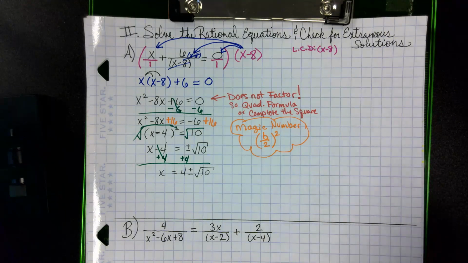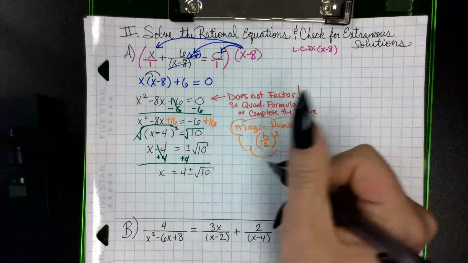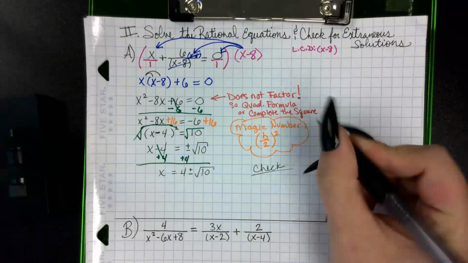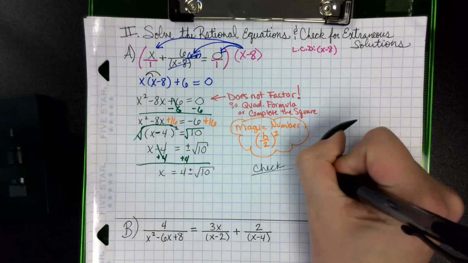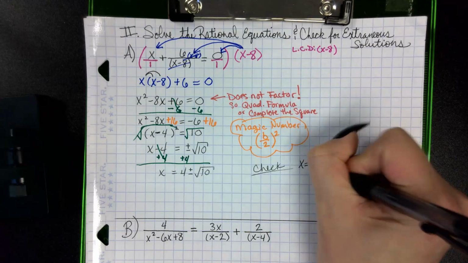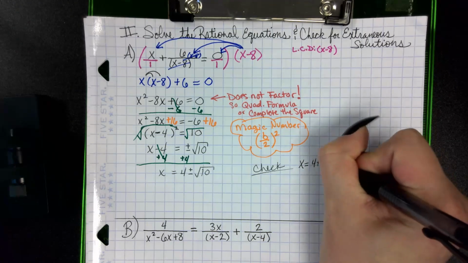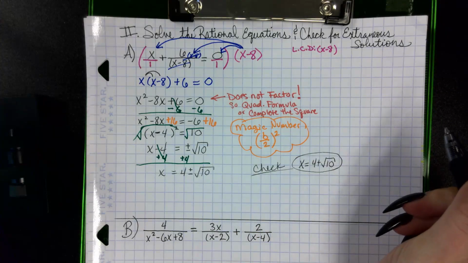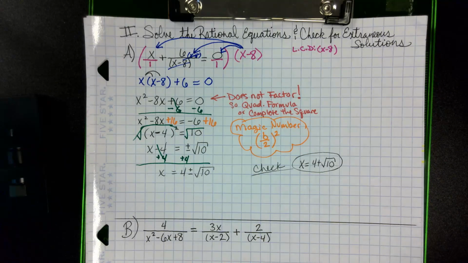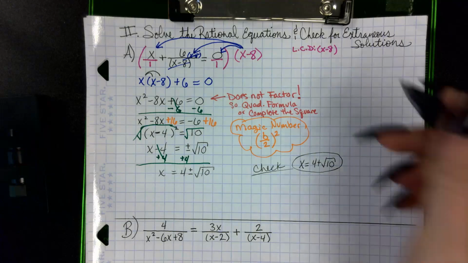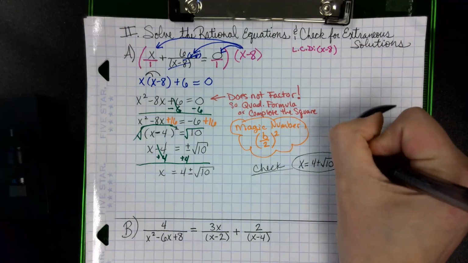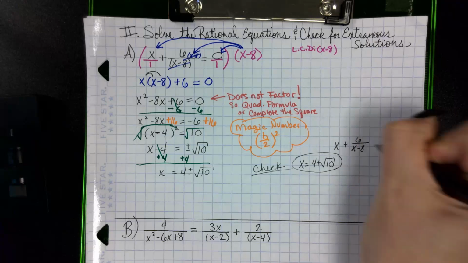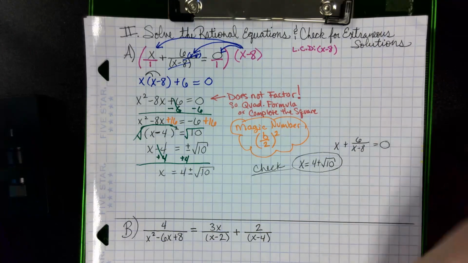Okay, so then you want to check it. You have to check your answers. So we're going to check when x equals 4 plus the square root of 10. We're checking in that original equation, which was x plus 6 over x minus 8 equals 0.